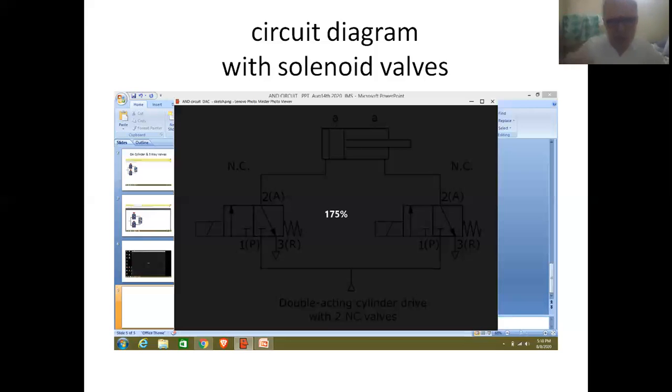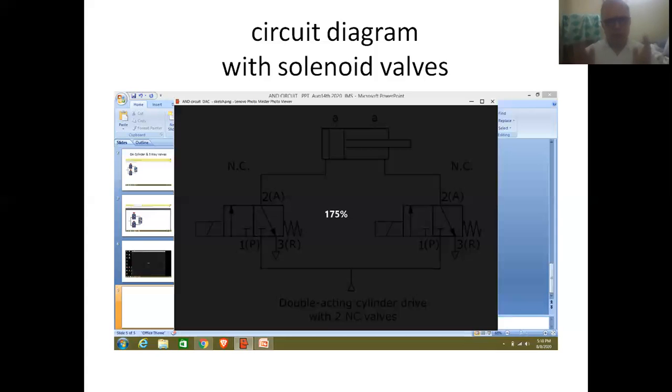And if this valve is in first position, inlet will be in contact with the outlet. So therefore, fluid will be entering from the right hand side of the piston. And if this is in second position, outlet will be in contact with the exhaust. So therefore, fluid coming from the right hand side of the piston is finally discharged into the atmosphere.